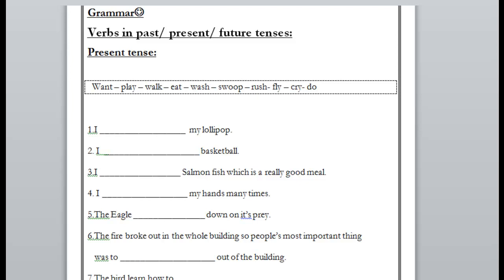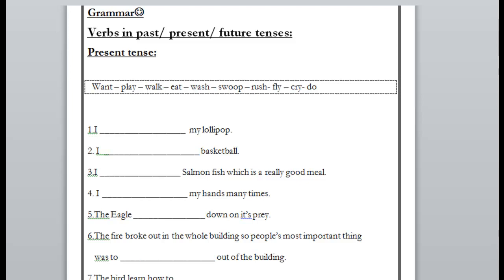And do we add anything on the verb? No. Where do we add it? We add the word will before the action verb, okay? We add the word will before what? The action verb. Okay, let's take two examples from every exercise related to the topic.